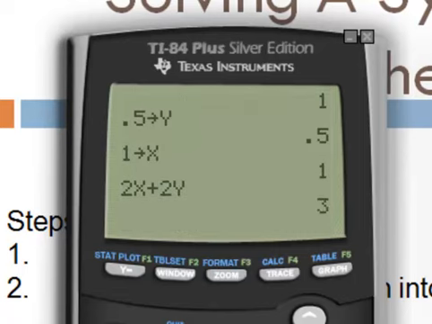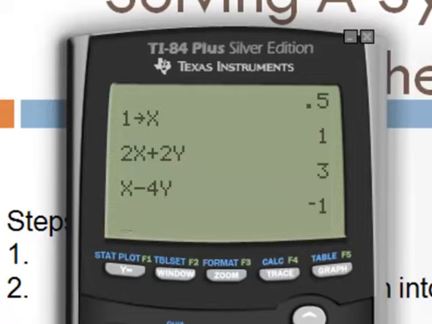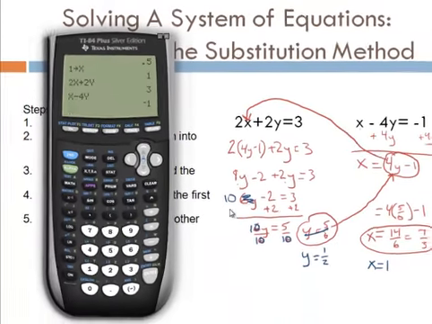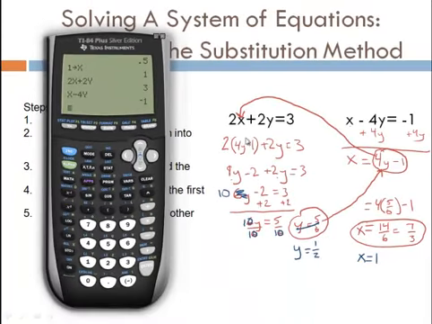Notice this time it gives us 3, like it's supposed to. And if we type in x minus 4y, hopefully this gives us a -1. It does, and so we're finished. So there's the substitution method, and also an unexpected example of what to do when something goes wrong.